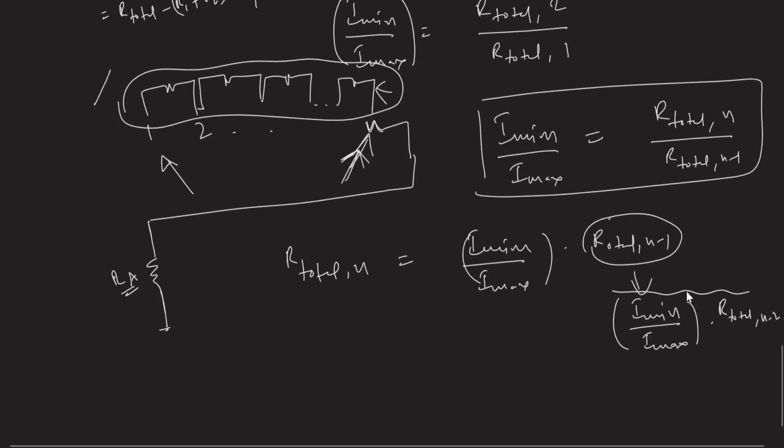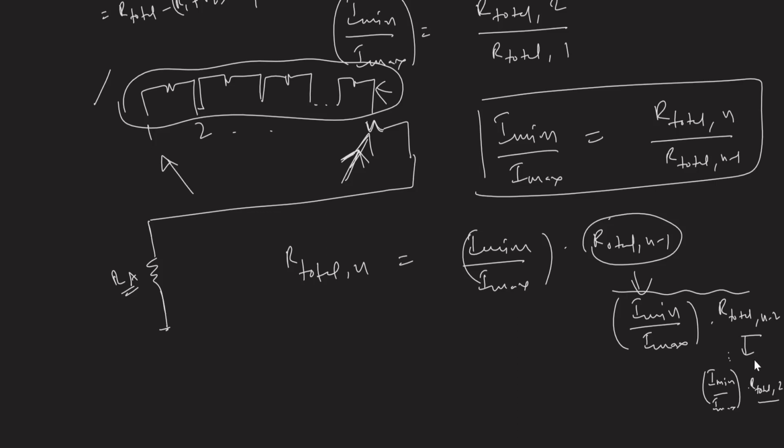Now again, instead of this one, if I substitute one more backward equation, that is I minimum by I maximum into R total, I am coming to I2. Right? Now if I again substitute this one, finally it equals I minimum by I maximum multiplied by R total.